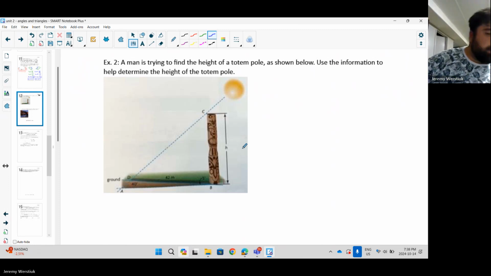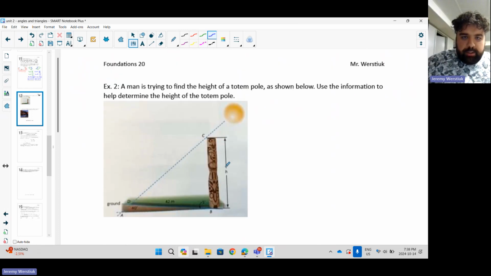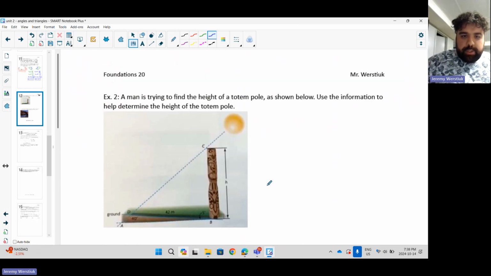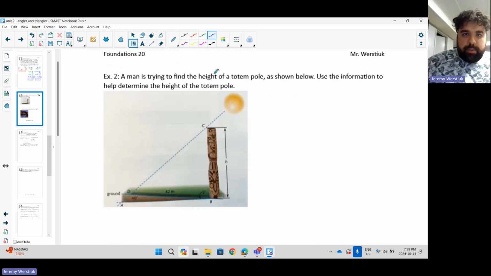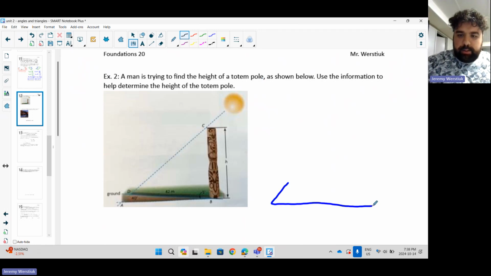Interesting. All right, so it's a little hard to see. I don't know if I can zoom in or not.